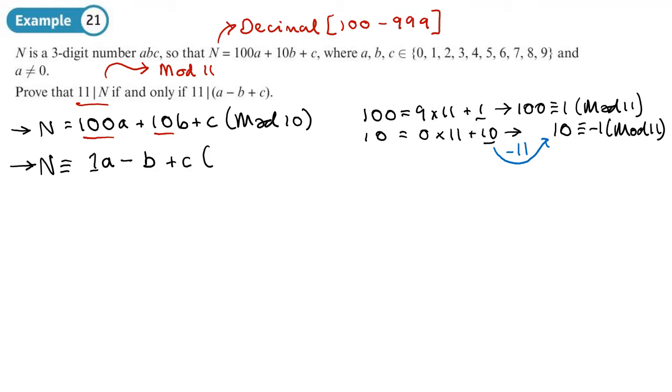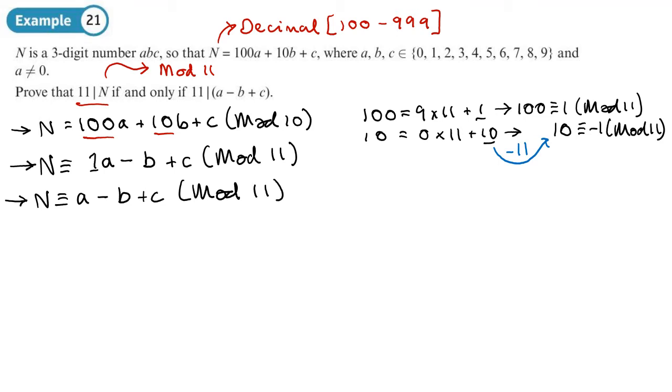So I probably want to just write n as congruent to a minus b plus c in mod 11. So I've changed the mod 10 number to a number that it's congruent to in mod 11.